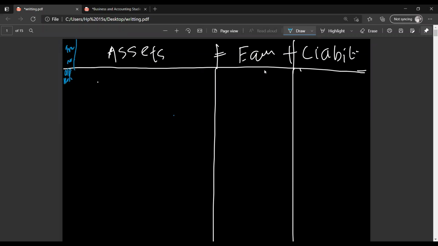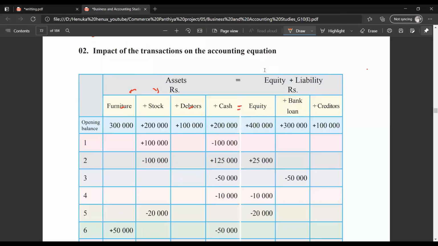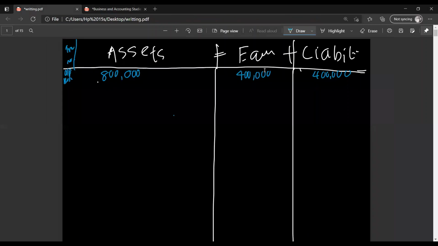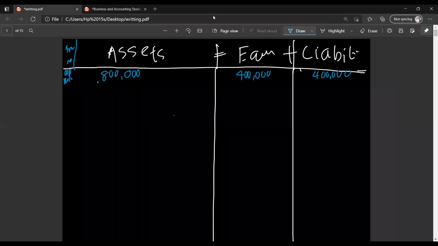So we had 800,000 of assets in total. We took it and found equity as 400,000 and liability as 400,000. In total, we need to put the total here, but in the example, we would need to put it one by one.